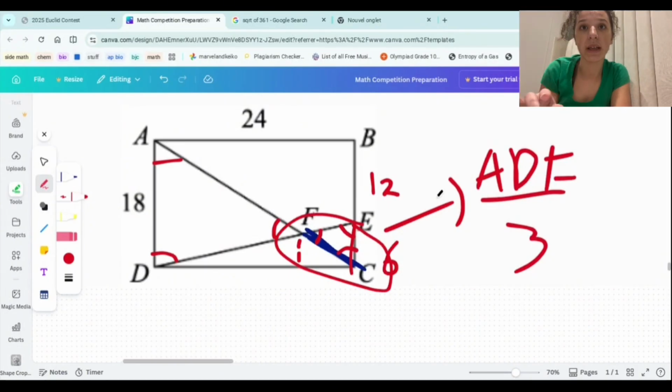It's 3 times smaller, all the sides. But now my question is, how am I going to find this side length, I think, is the one I'm trying to find. Okay, how do I do that? This is 6, this is 90 degrees.